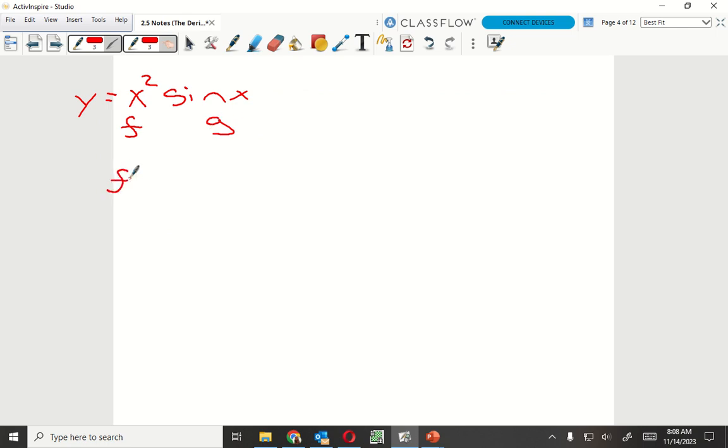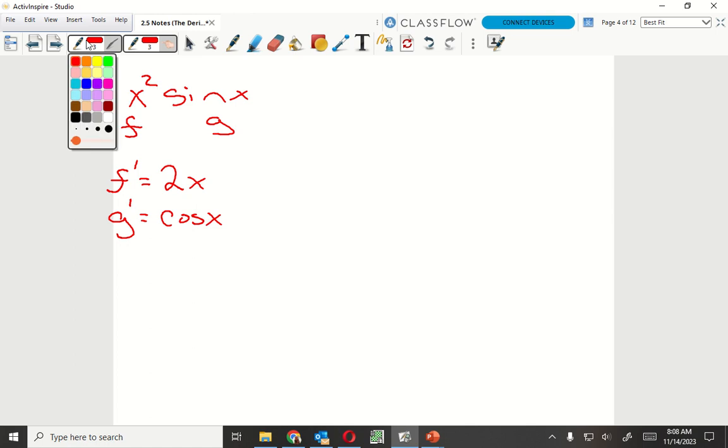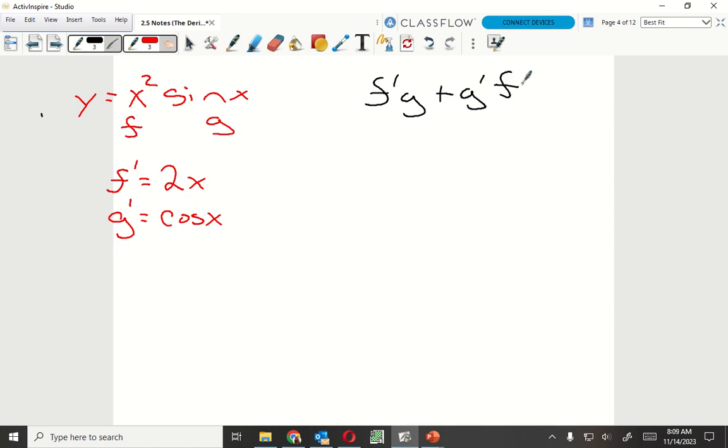So f prime would be 2x, very good. And we already know what g is, but g prime, cosine x. So if it's product rule, my product rule again is f prime g plus g prime f.